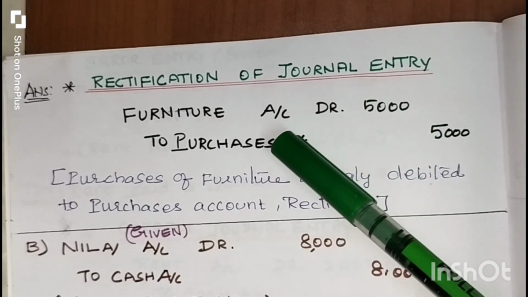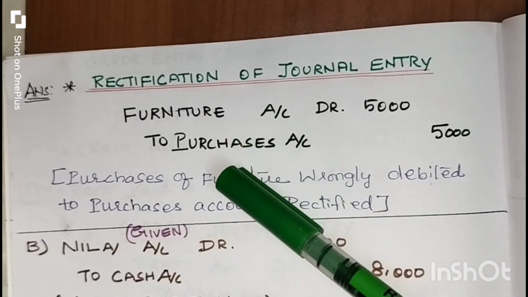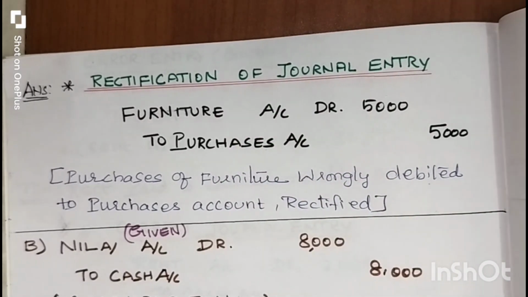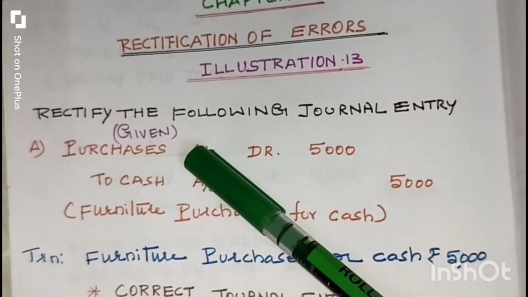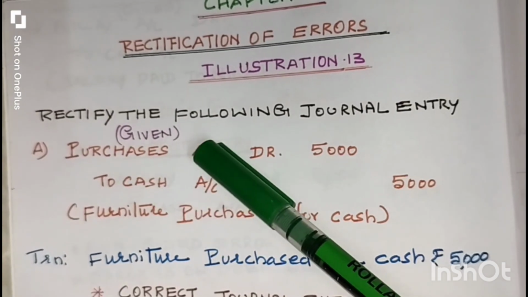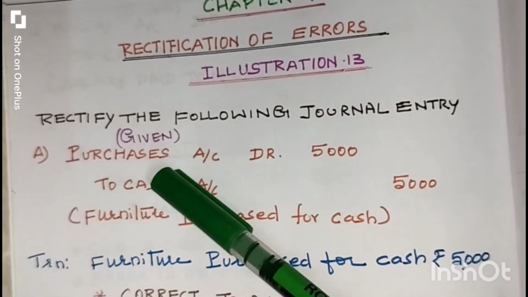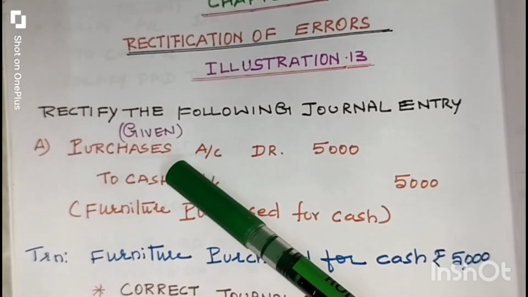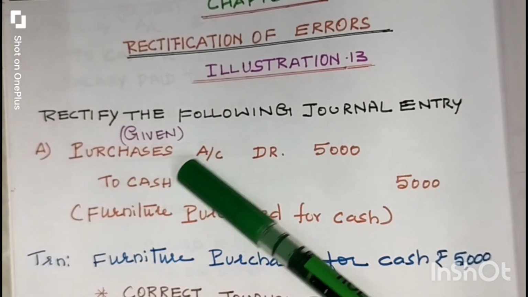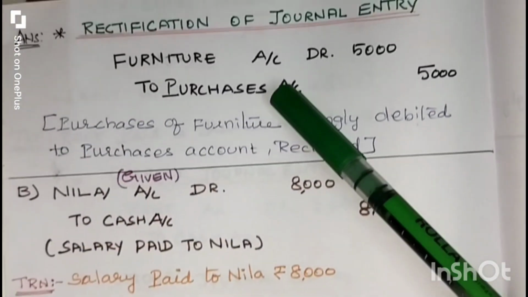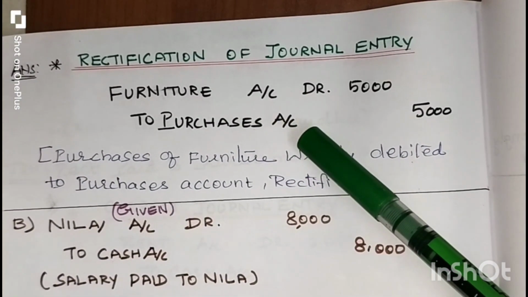Then we have to find which account is the error. Purchases account is the error. It is on the debit side. We need to credit it, then only the error will be rectified. So we credited the purchases account.